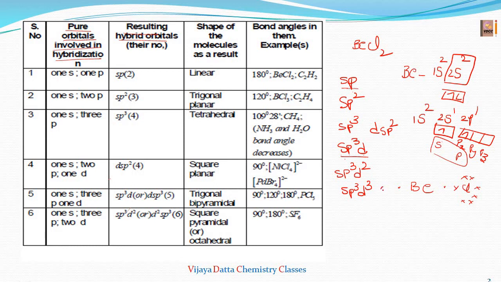This side also chlorine, 1 2 3 4 5 6 7. To form a bond according to the octet, chlorine requires 8 electrons. So it takes 1 electron from the beryllium on each side, and the electrons are shared. Then beryllium will be stable with the duplet configuration.